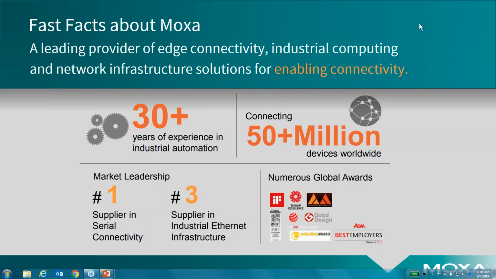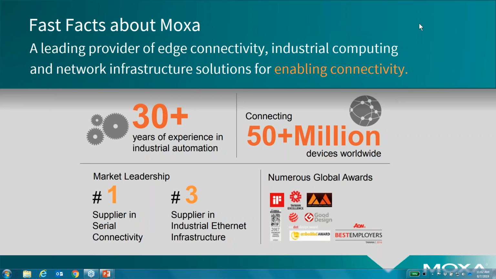All right, thank you, Scott. So before we get started, just wanted to do a quick introduction to Moxa and Trend Micro. Just a few fast facts about Moxa. We are a leading provider of edge connectivity, industrial computing, and network infrastructure solutions for enabling industrial connectivity.